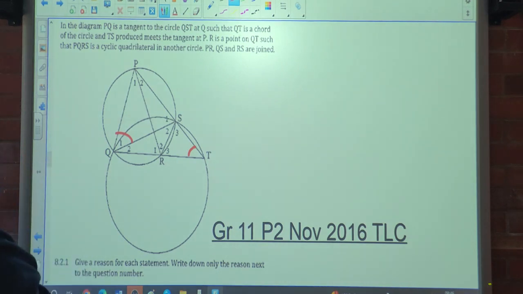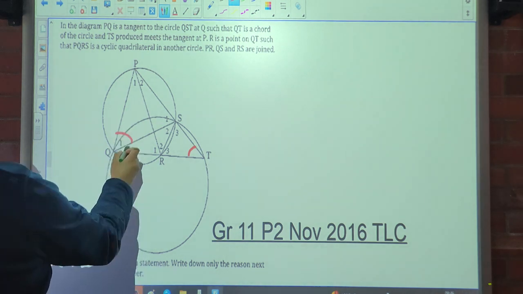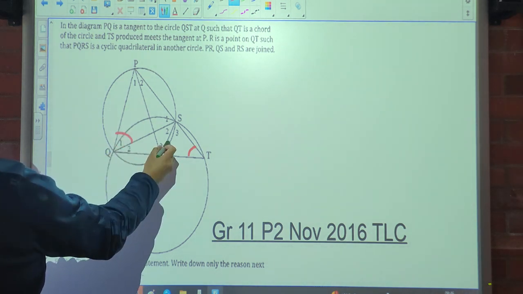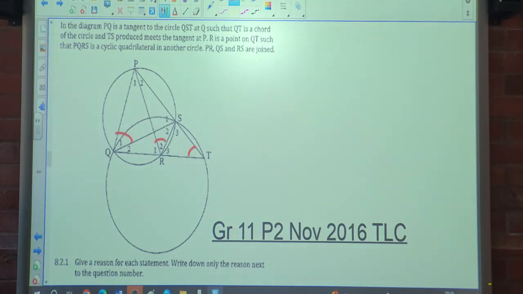Then we are told that QT is a chord of the circle and TS produced meets the tangent at P. Then R is a point on QT such that PQRS is a cyclic quad. So this is a cyclic quad. We know that Q1 is actually equal to R2.